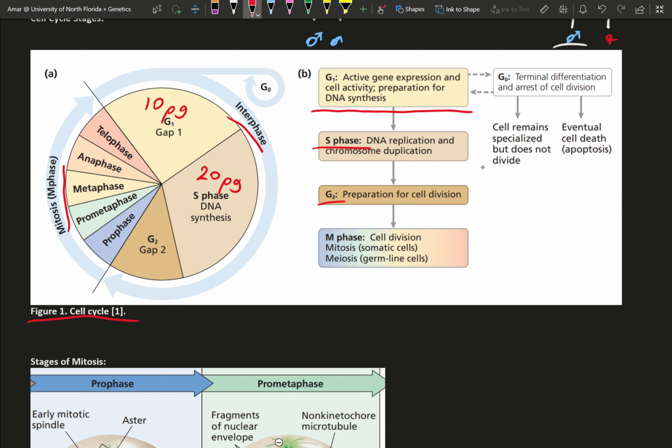So you're still maintaining 20 picograms of DNA. And then this is when you end up at M phase. During this part, you start splitting that 20 picograms of DNA into two separate cells that both have 10 picograms of DNA. So by the end of telophase, you would have two cells, both at 10 picograms of DNA.